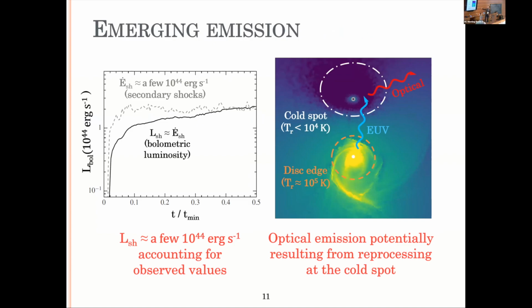And using this first principle simulation, we can also propose a mechanism for optical emission, strongly based on the reprocessing layer model. Basically, the disk will emit in extreme UV and will interact with the large scale surrounding envelope, being reprocessed into optical emission. And we think that the presence of this screened region around the self-crossing point may be important in this process because of enhanced bound-free opacities.